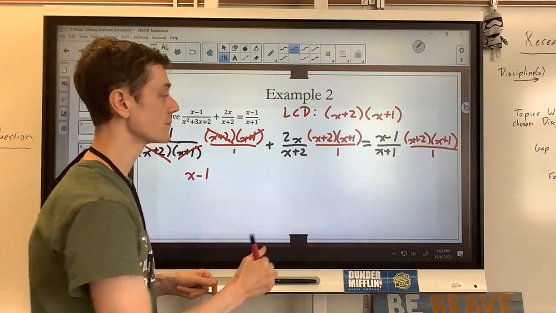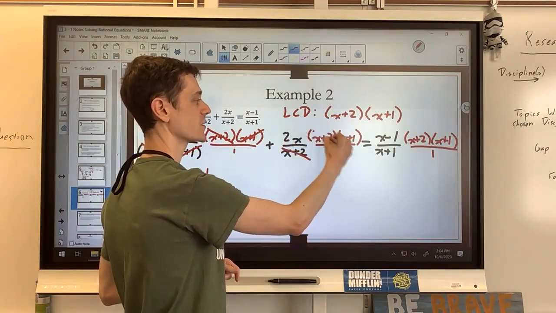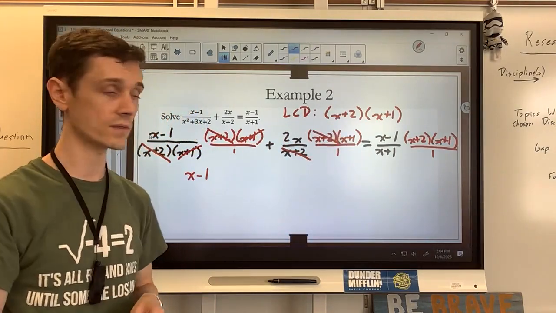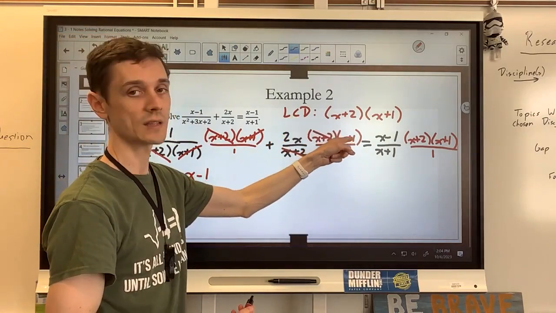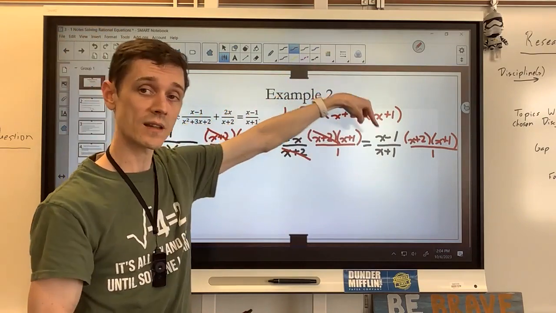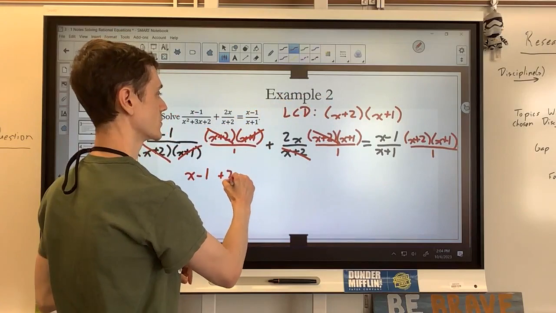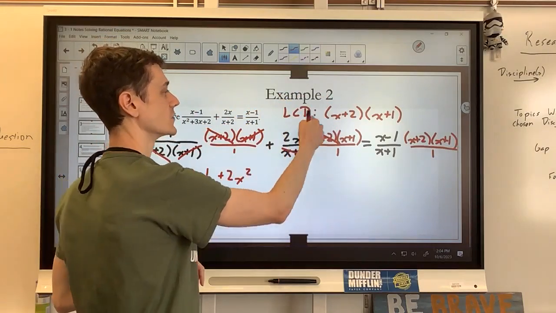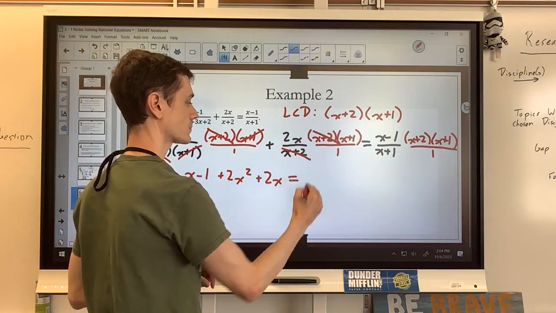For the next one over here, I see an x plus 2 in the denominator. I'm going to cancel that with the x plus 2 factor from the other fraction that I'm multiplying in. So now I only have to worry about 2x times the x plus 1. You may even want to go ahead and distribute that at the same time. So in this case, 2x times x is 2x squared, and 2x times 1 is 2x.